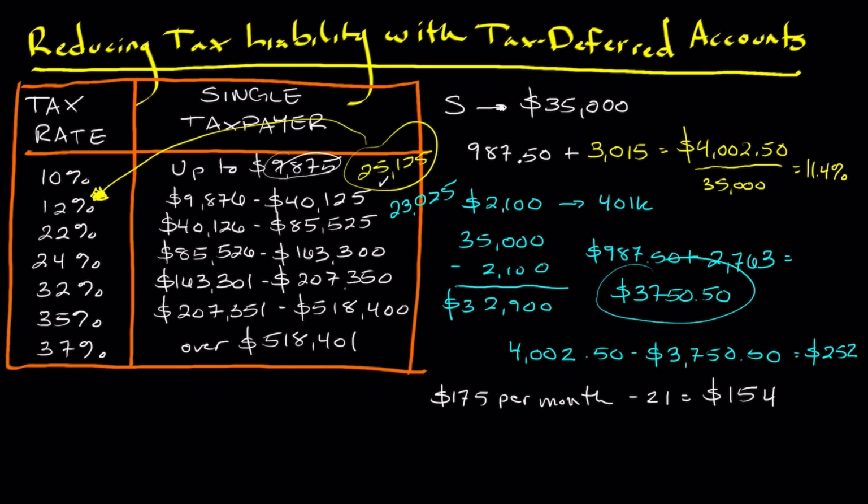It works very similarly, but the difference is that at the end of the year, you would get to claim those contributions as a deduction on your taxes. So procedurally, it looks a little bit different, where technically you're not getting the benefit during the year. But when you file taxes, that reduces your tax liability. So at the end of the day, it works out the same. Procedurally, though, it's a little bit different.